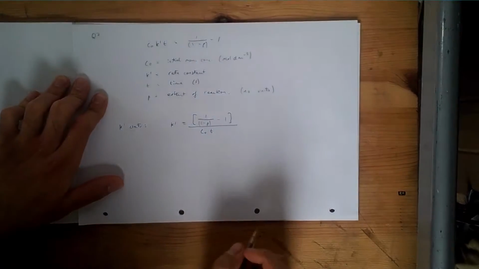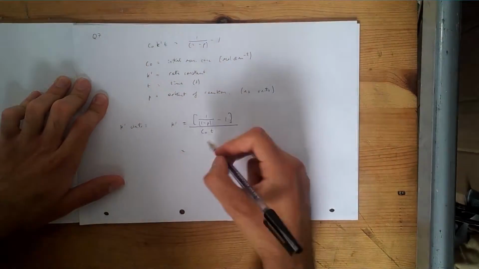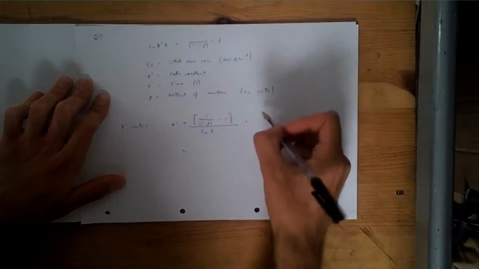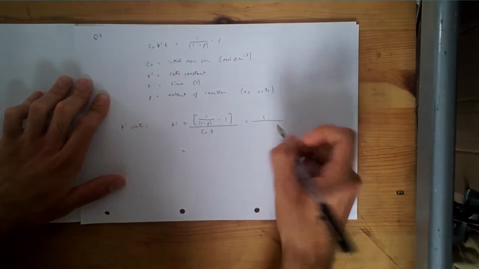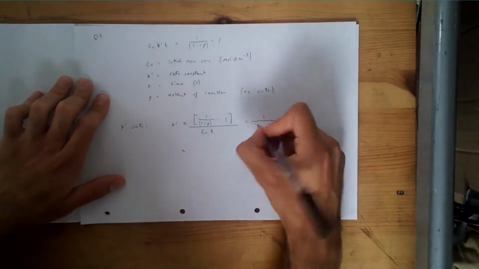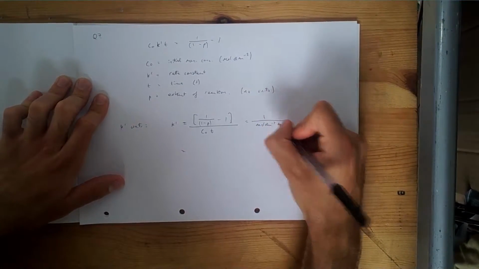And if we put the units of each constituent into the variables, we get 1 at the top again, because there are no units of p and no other variables, and then for C0 we have moles per decimeter cubed, and then for time we have seconds.